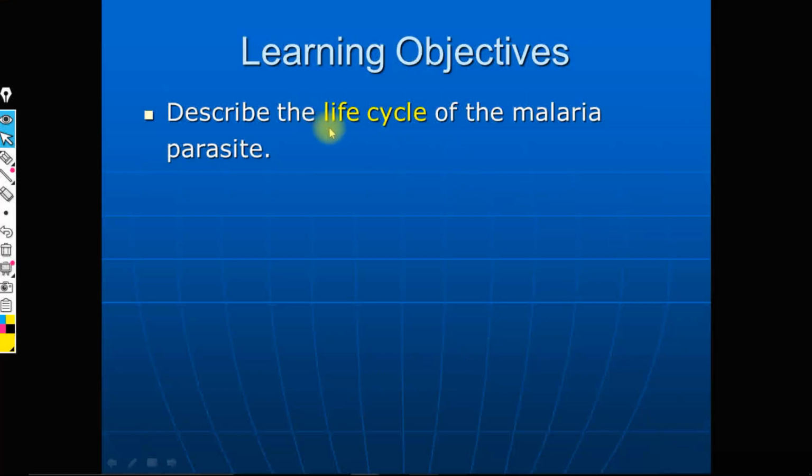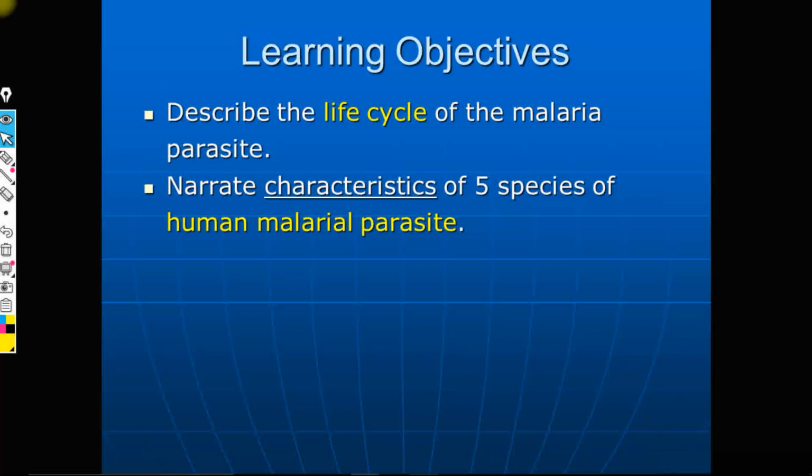This is very important because without understanding this life cycle, you will not be able to understand the pharmacological classification of antimalarial drugs, which is the basis for the classification, as well as the mechanism of action of many drugs. Okay. Secondly, you will be able to narrate characteristics of five different species of the malarial parasite which are known to cause malaria in humans.